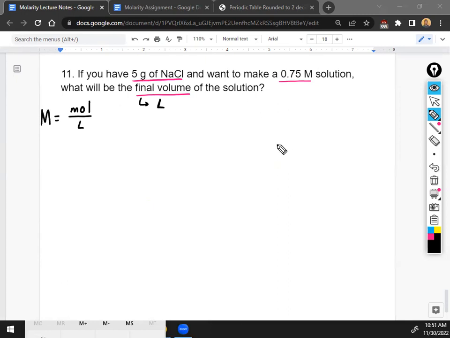What's the molarity in this problem? Yeah, 0.75. It's right here. So all we have to do is put 0.75 for molarity right here. I'm going to rewrite that just so it's a little bit neater. Okay, we're going to write 0.75 molarity.